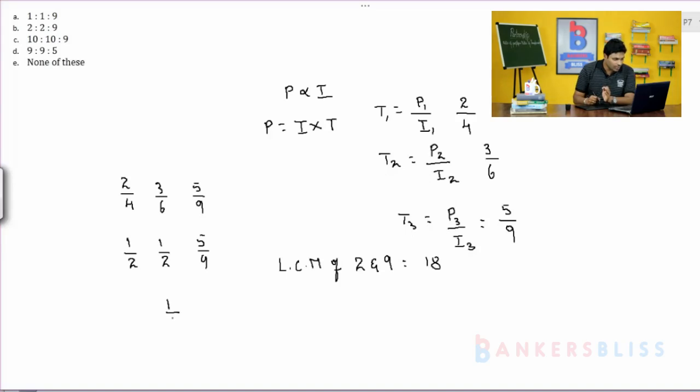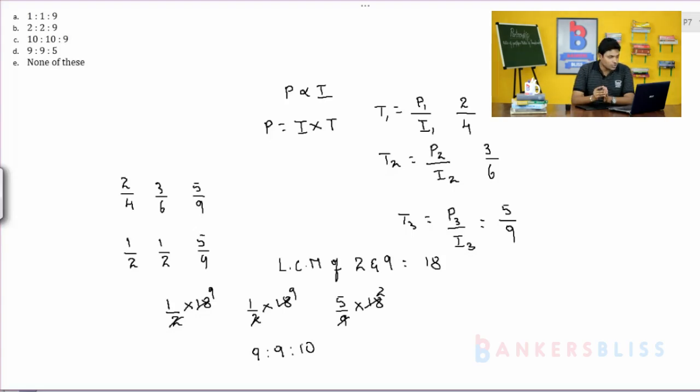So 1 by 2 into 18, next 1 by 2 into 18, next 5 by 9 into 18. 2 nines are 18, 2 nines are 18, 9 twos are 18. So 5 into 2 you will get 10. So the ratio of their time period is 9 is to 9 is to 10.